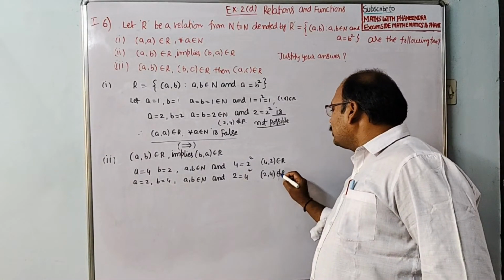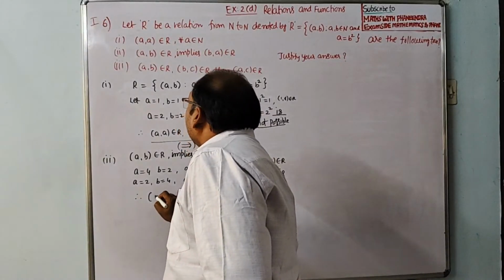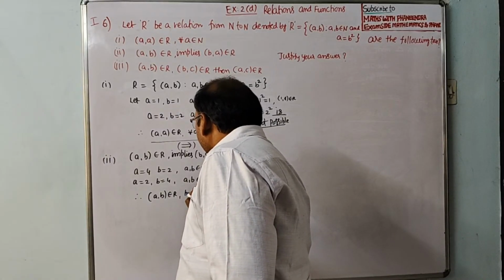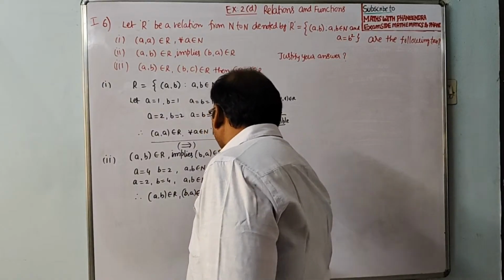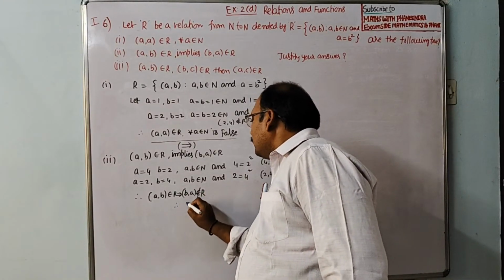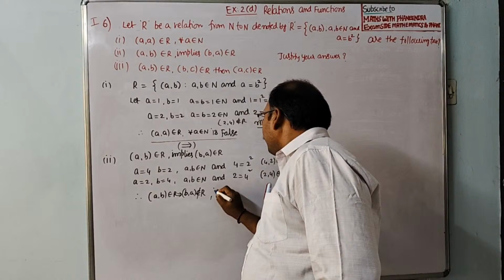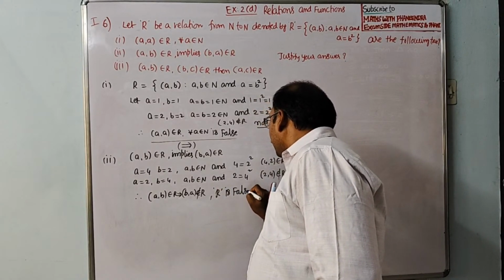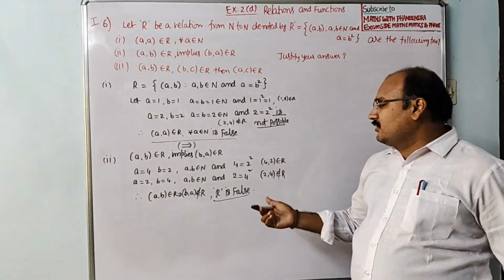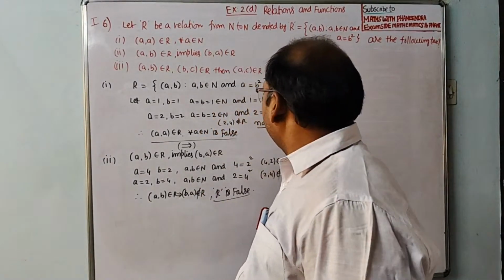So (2, 4) does not belong to R. Therefore, (a, b) belongs to R, and (b, a) does not belong to R. So the implication fails, and this statement is false. Because 4 is equal to 2 square is okay, but 2 is equal to 4 square is not possible.